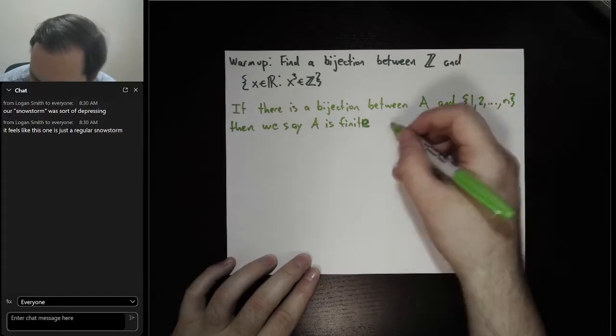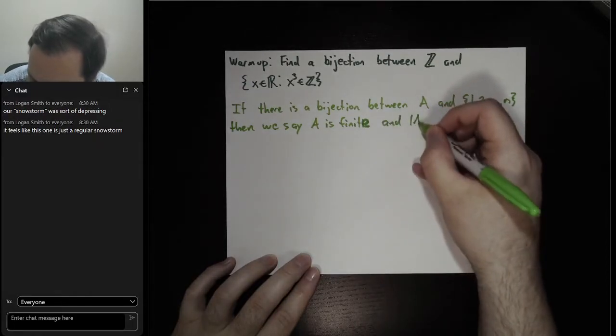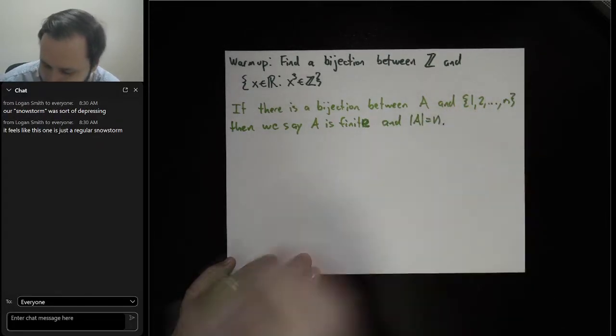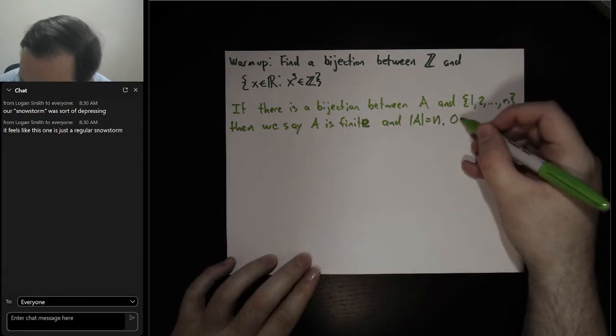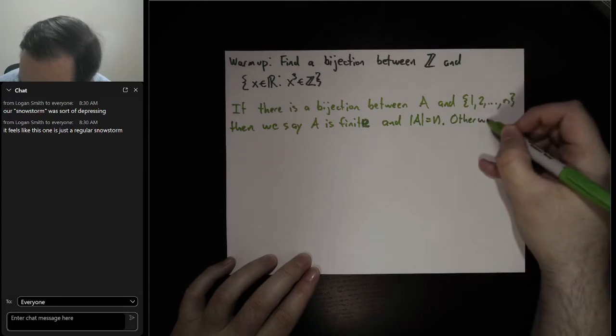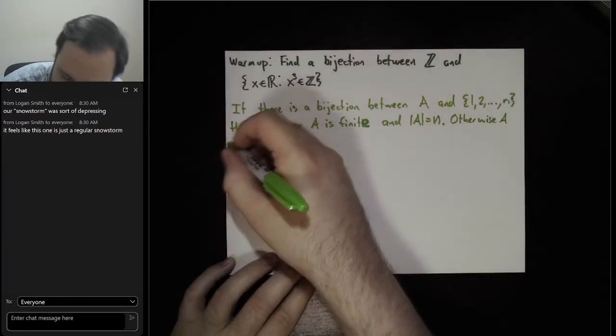We say A is finite and the size of A is equal to n. Otherwise, A is infinite. This is review.